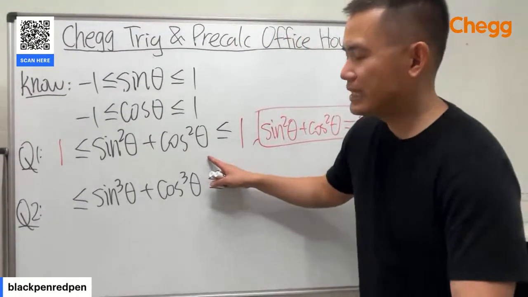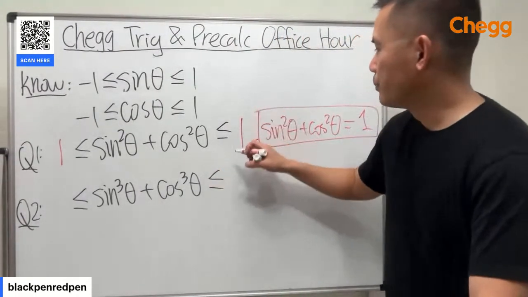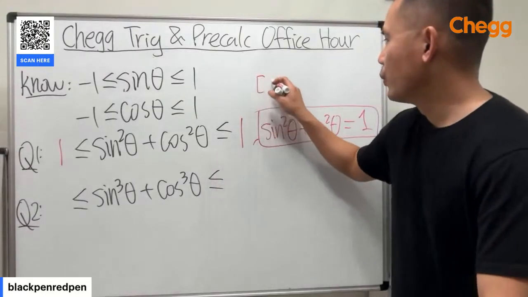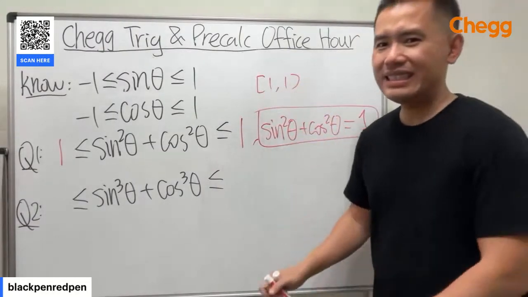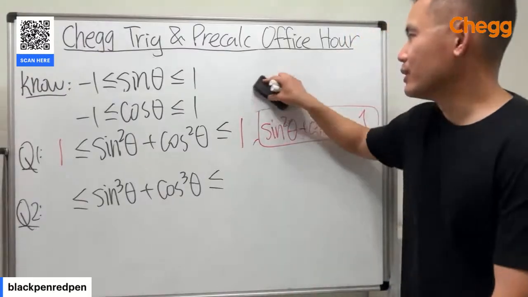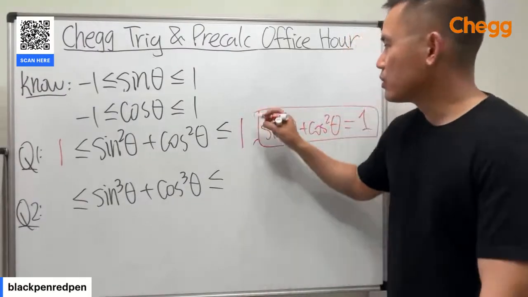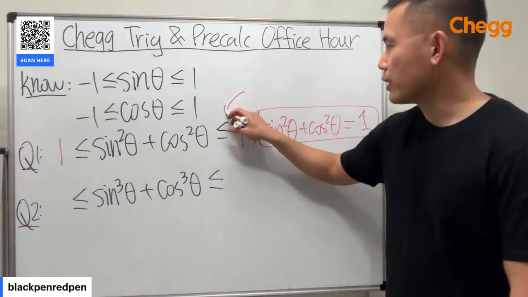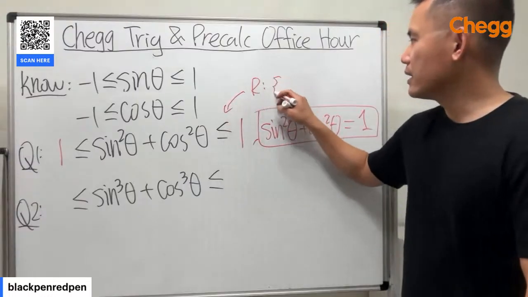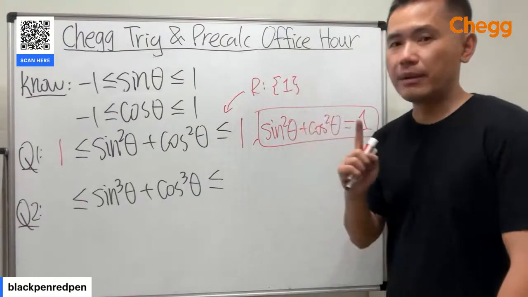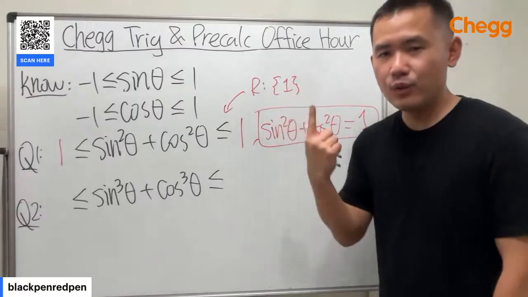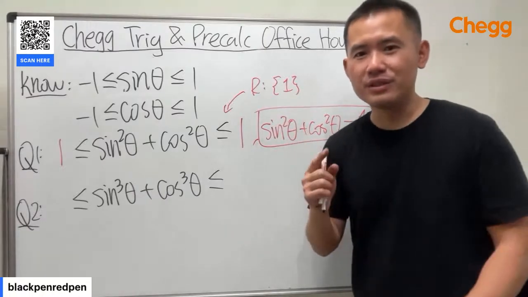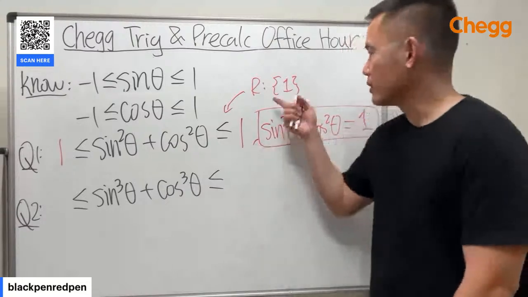If you want to write this in interval notation, if you put this as 1, 1, I don't know what to say about it, because it's just one number. So maybe for the range for this right here, I will put it's just the set containing the number 1. It's not even an interval, it's just a number. It's just 1. So yeah.